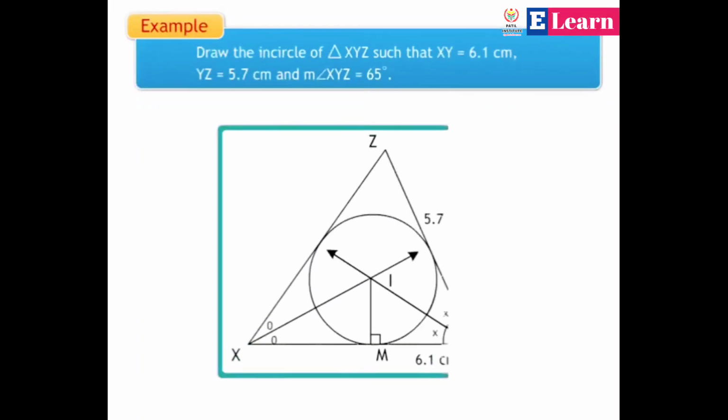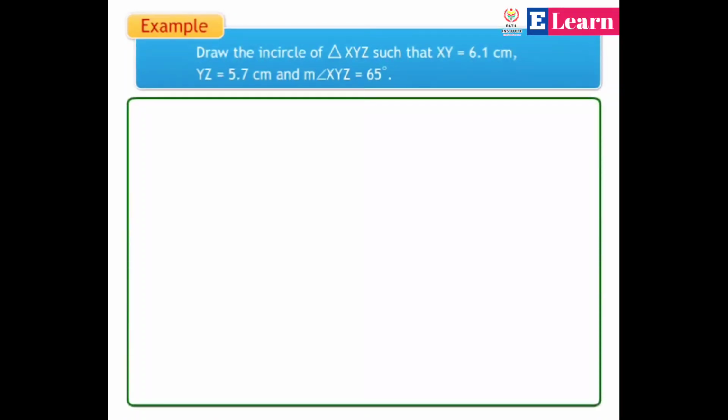Let's look at an example. Draw the incircle of triangle XYZ such that XY is equal to 6.1 centimeters, YZ is equal to 5.7 centimeters, and measure of angle XYZ is equal to 65 degrees. Solution.